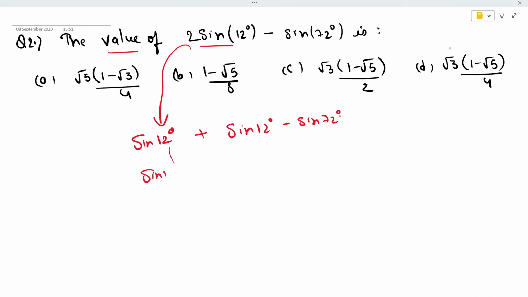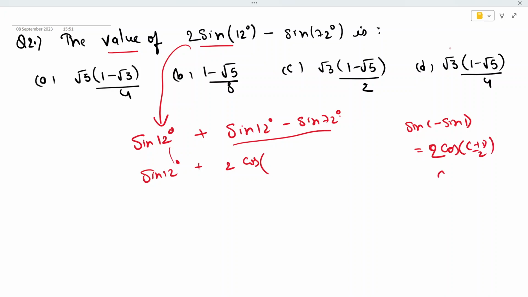We can write this like this: sin 72 degree. First we change this, sin 12 degree plus. Now when you change this, it is equal to 2 cos of (A + B)/2. We know sin C minus sin D, let me write it for you: 2 cos((C + D)/2) sin((C - D)/2).